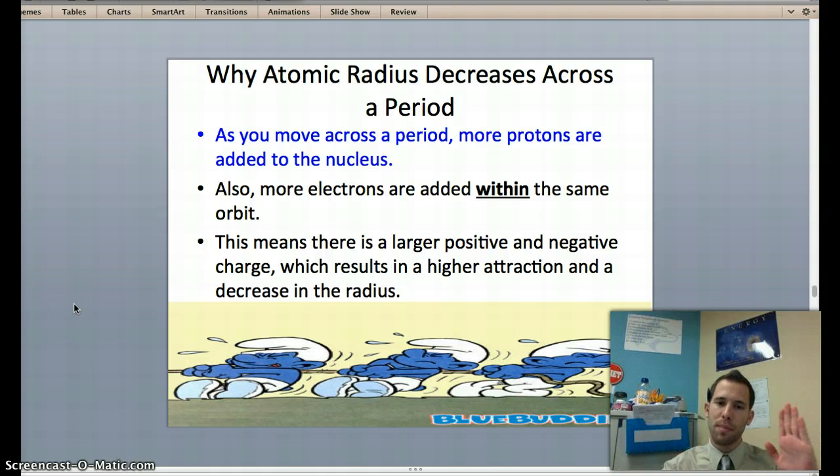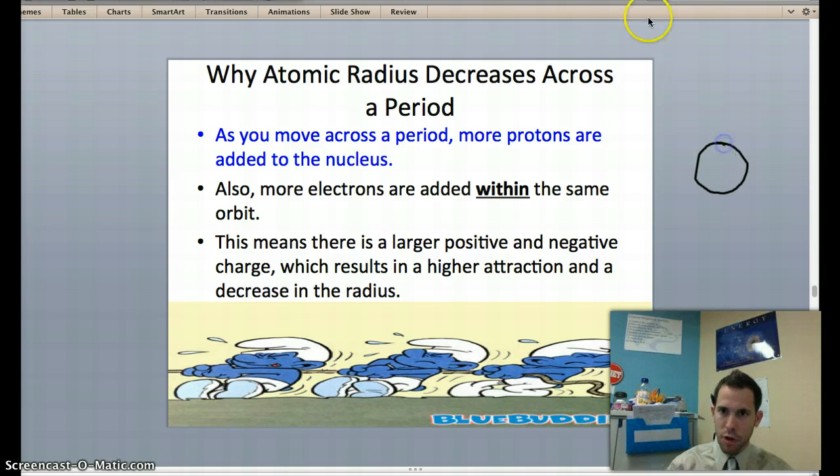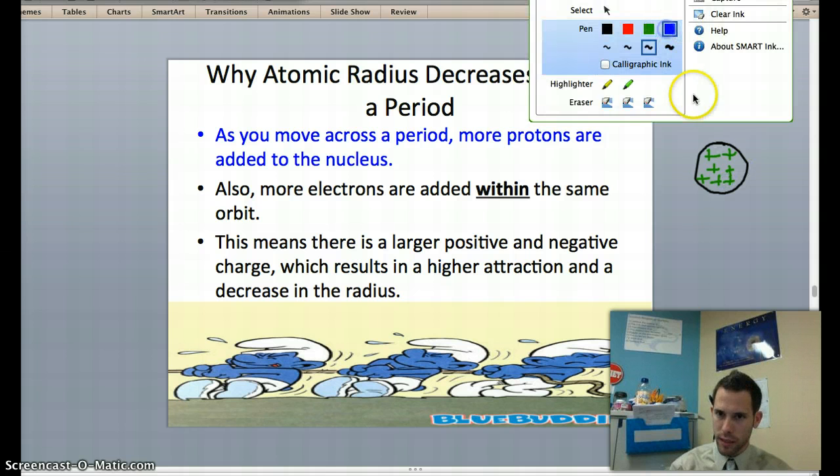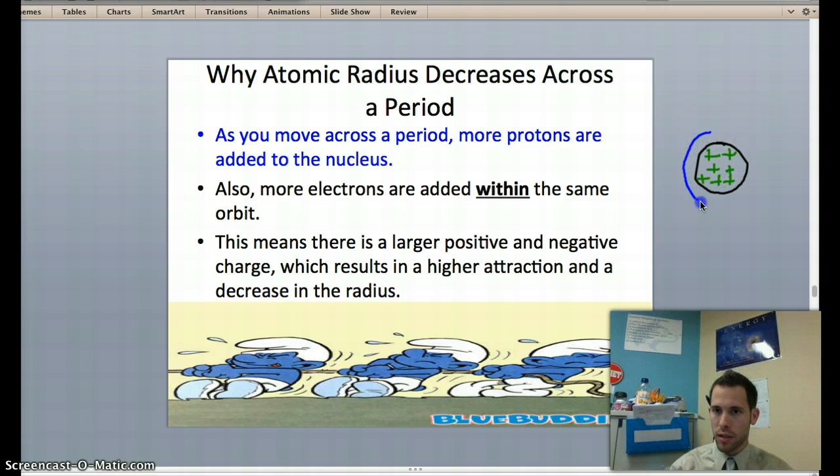Now, as you move across a period, they get smaller because, as we discussed before, if you have your nucleus in the middle and you're putting your protons in there, as you move across the periodic table, you add more and more protons to the center. As you add more protons to the center, the nucleus gets stronger, and it starts to pull in the electron orbitals a little bit closer, because now it's dealing with the same distance but more pulling power.